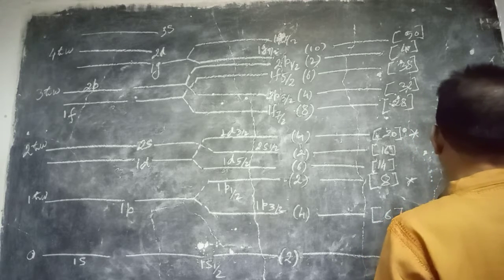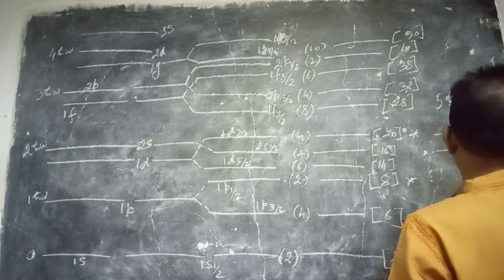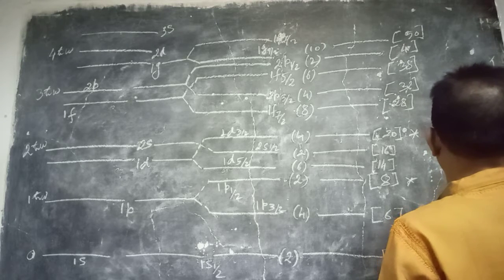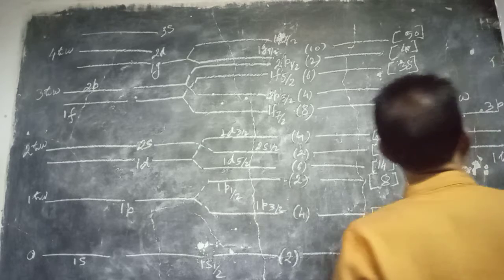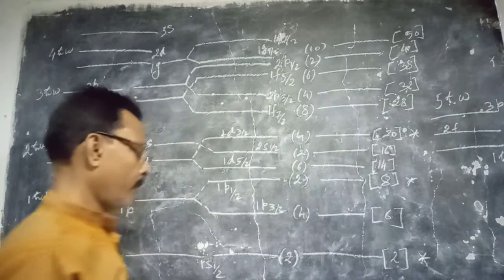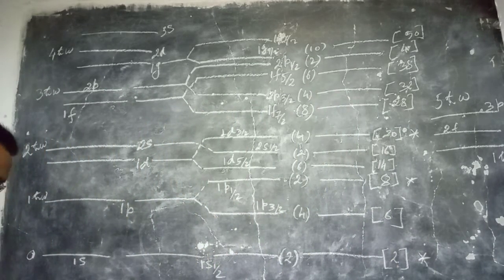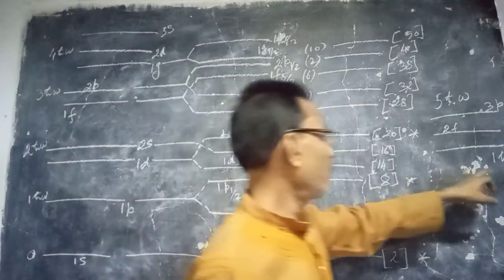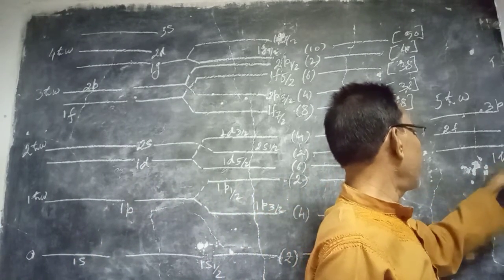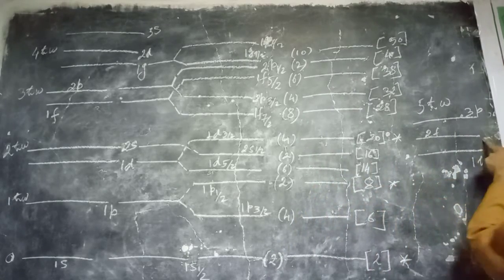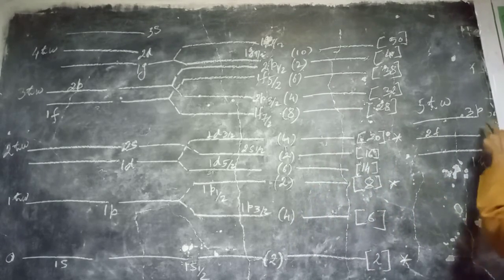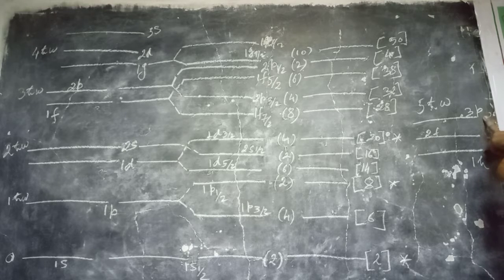For 1h, here you get h11/2, 9/2. Here also for f you get 7/2, 5/2, and p 3/2 and 1/2. Okay. So next, all the levels will be produced.